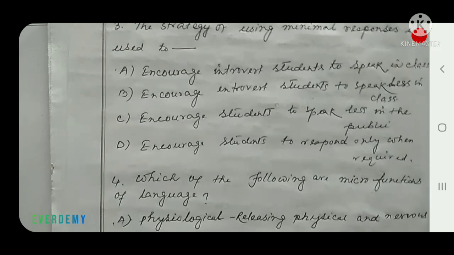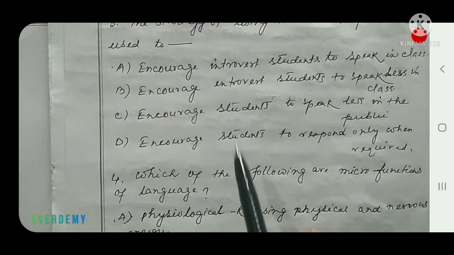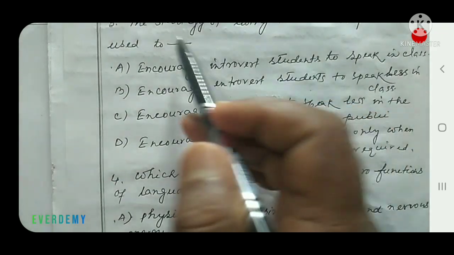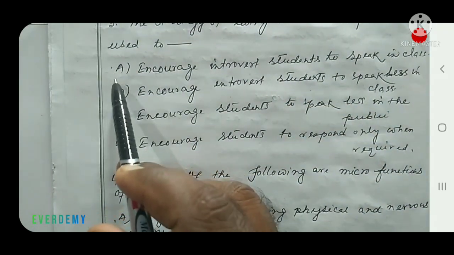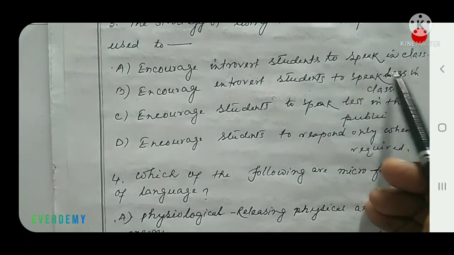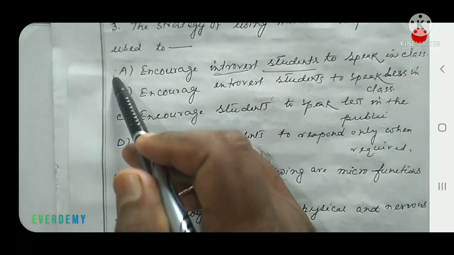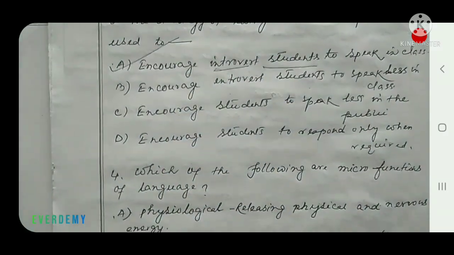D, encourage students to respond only when required. So A is the correct answer. Introvert means self-centered.